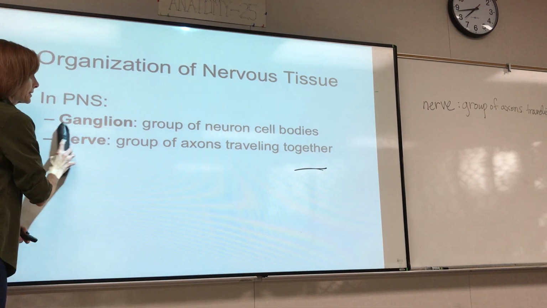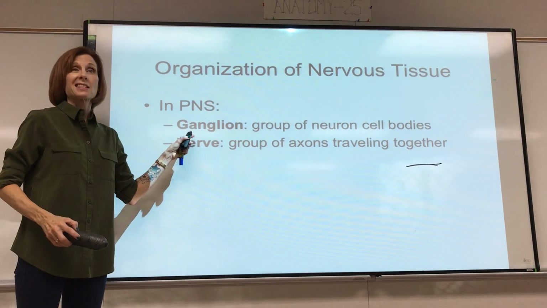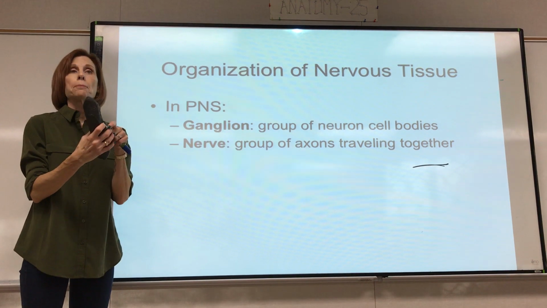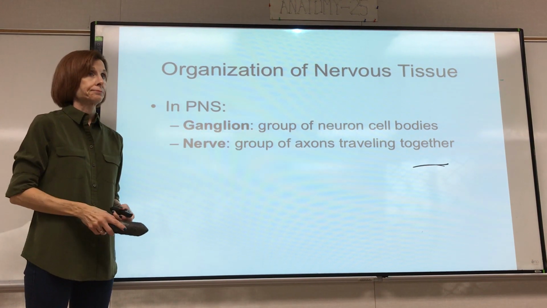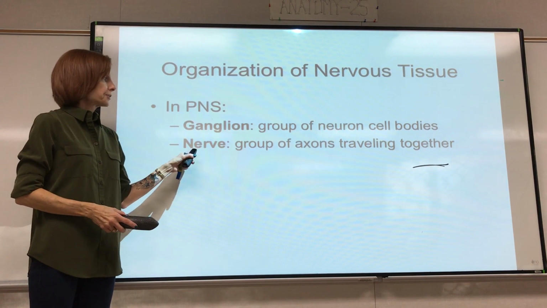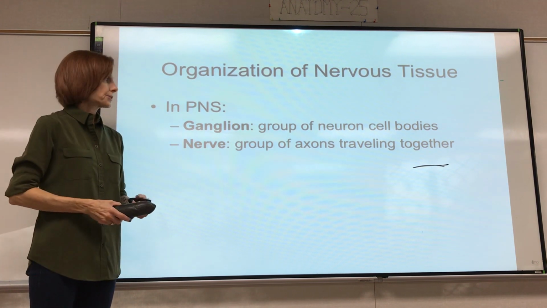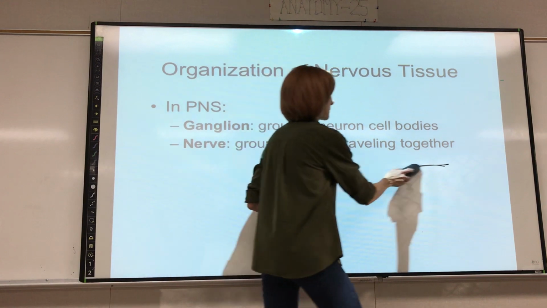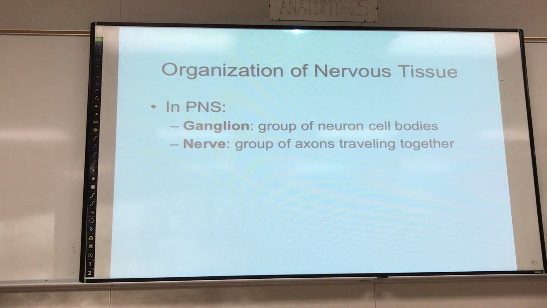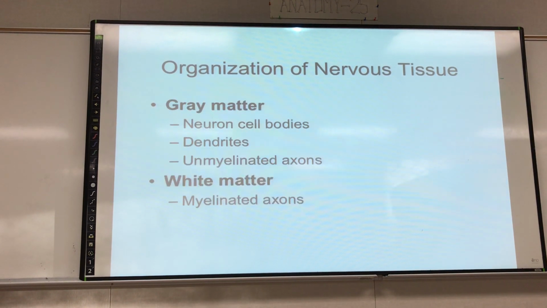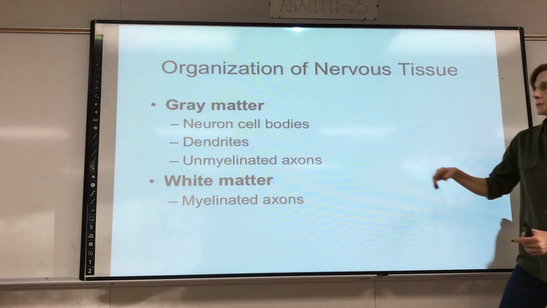A ganglion is a group of neuron cell bodies located together, but out in the PNS. And then a nerve, again, is a group of axons traveling together. That's all there is to it. I think we're going to see some diagrams showing this stuff.